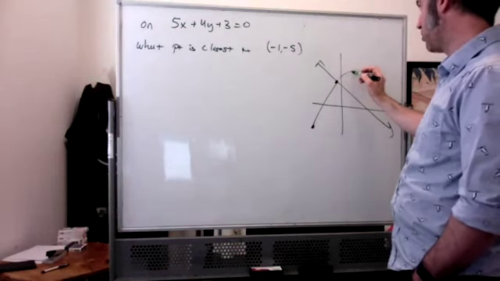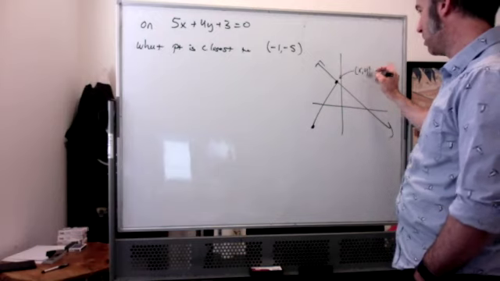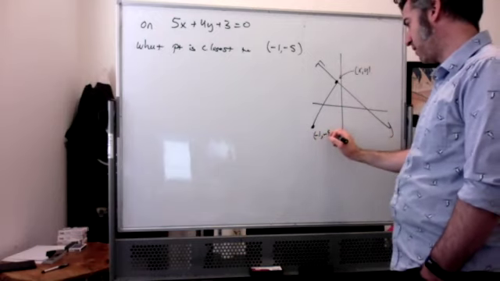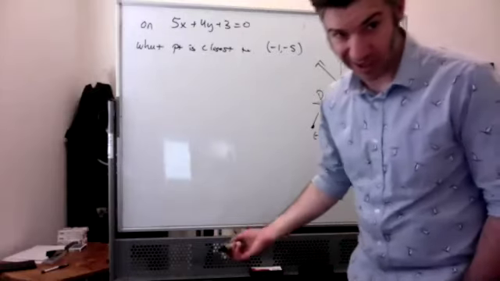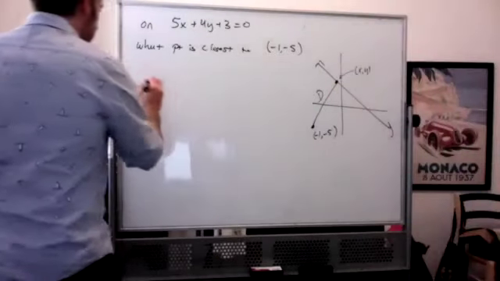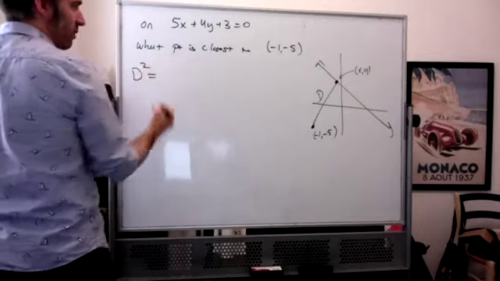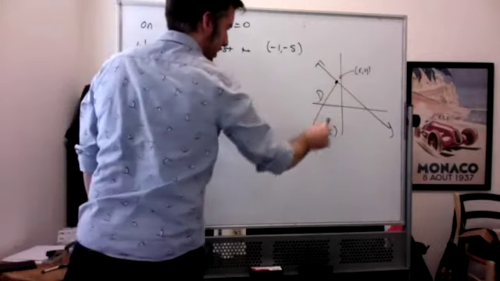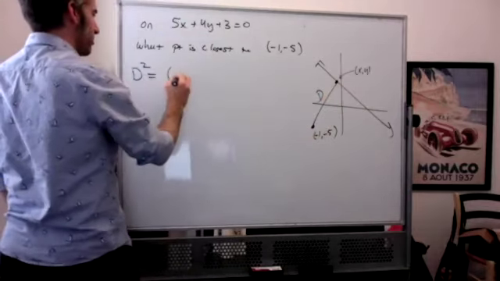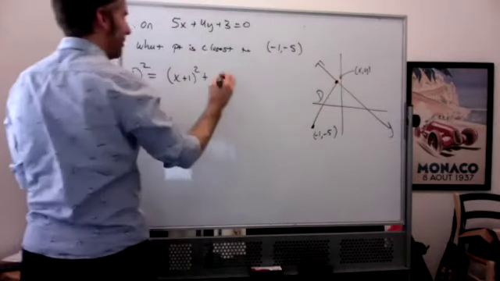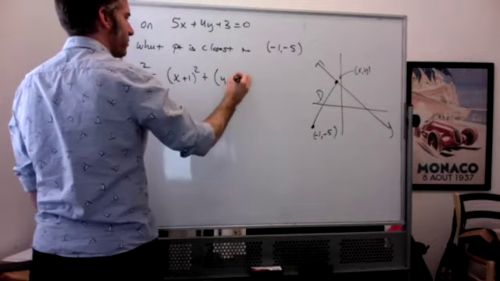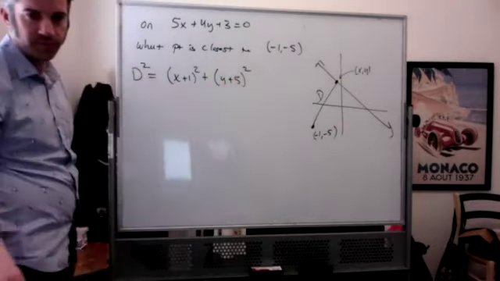So this point here is the point (x, y). This point here is the point (-1, -5). And I'm trying to minimize that distance, or the distance squared. So the distance squared that I'm trying to minimize is (x minus -1) squared plus (y minus -5) squared.